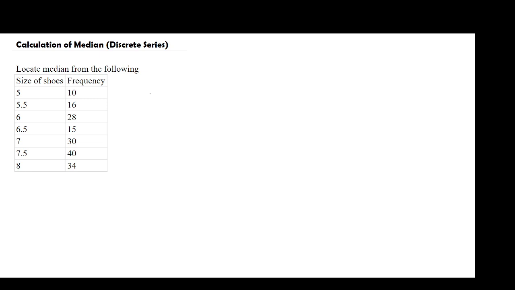The first step is to prepare a chart again. We write the x values and frequency values which are already given. That is 5, 5.5, 6, 6.5, 7, 7.5 and 8.